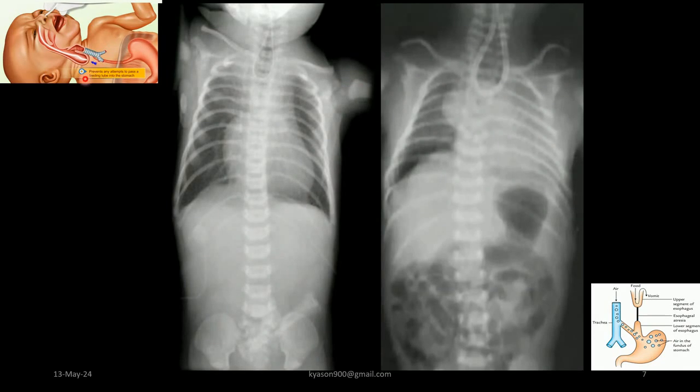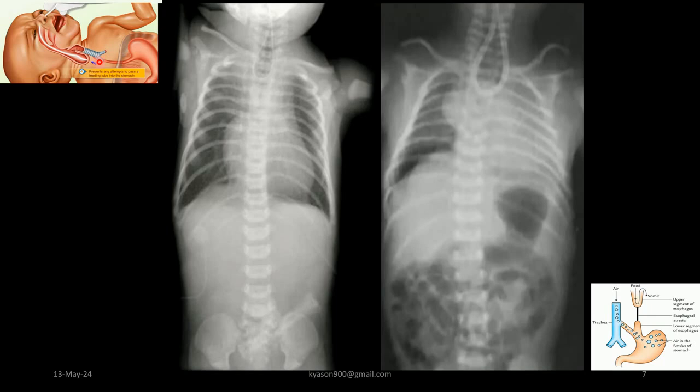So there is a proximal esophageal atresia with a distal tracheoesophageal fistula. So in such abnormalities, it will be very hard to pass feeding tubes down into the GI tract or down into the alimentary canal of these young ones.